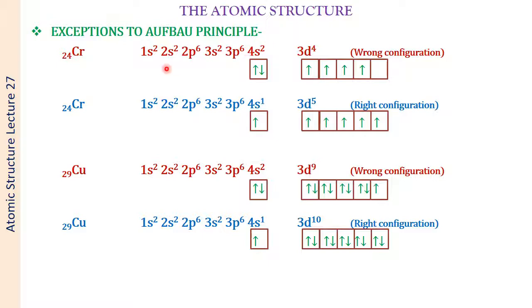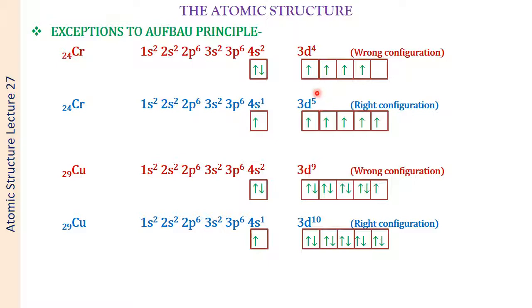So the electronic configuration of chromium, which should have been 4s2 3d4, is wrong, because here we have an incompletely filled d orbital.